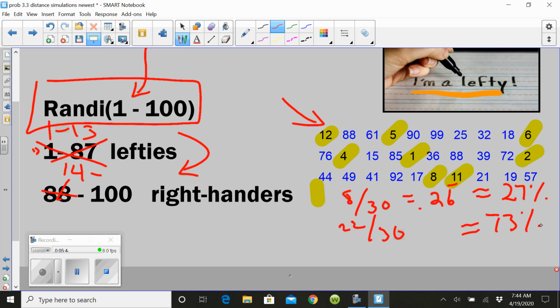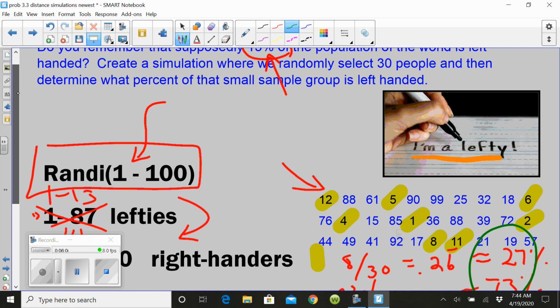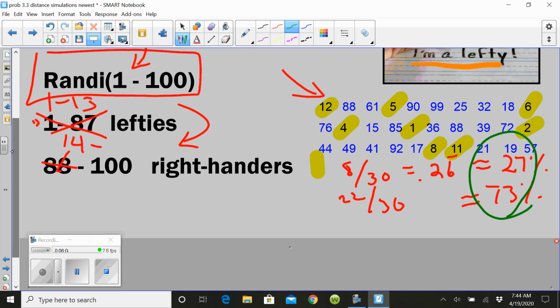Now, that would make me think maybe I should rely on the law of large numbers and repeat this experiment, but instead of picking 30 people, pick 100 people. And it's probably going to be more likely then that these numbers will be closer to the 13% lefties instead of 27% lefties. So that's my first example.